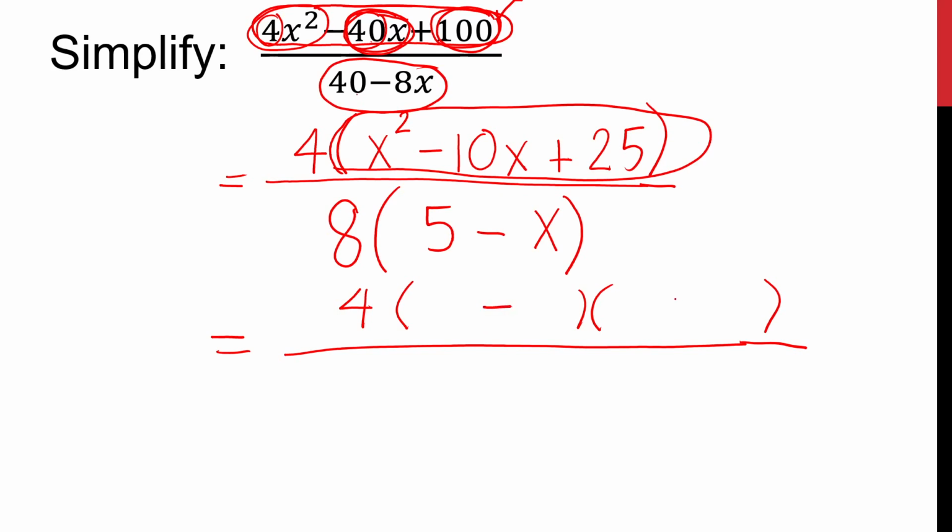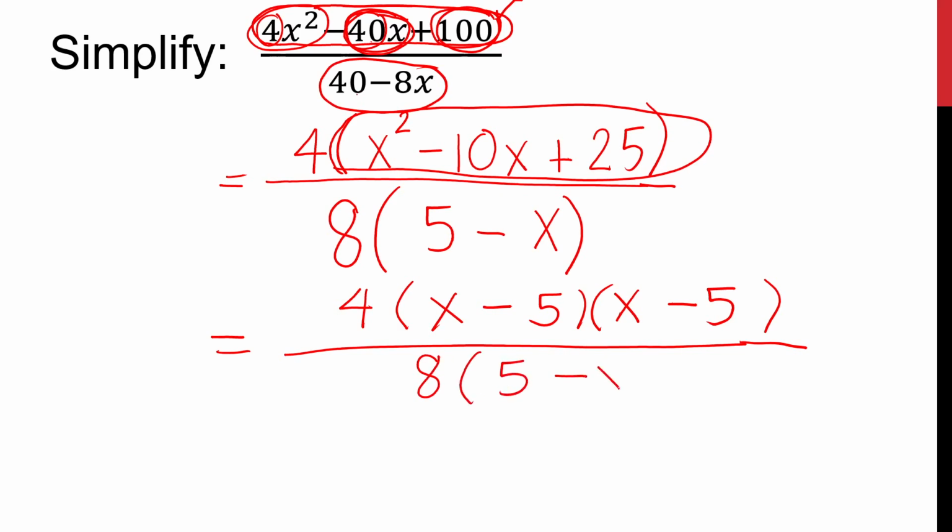Very good. Both negative. What are the factors of 25 that add to 10? 5 and 5. Now, the denominator, since it's not factorable, just copy it.